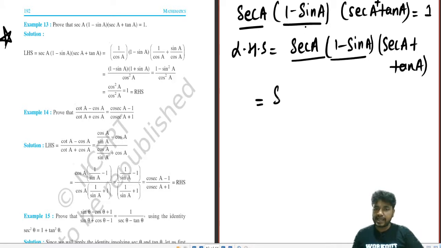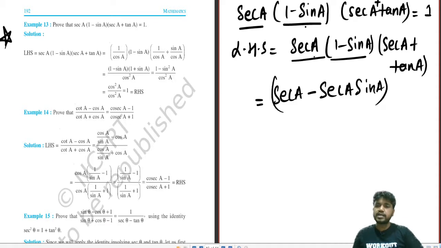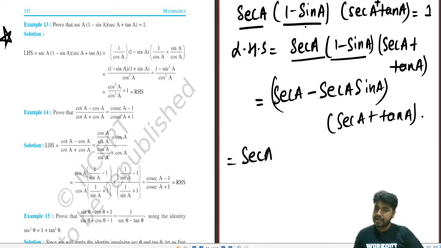So what will be sec A minus sin A? If we multiply it, this will look like this. Sec A into 1 is sec A. Sec A into sin A is sec A sin A. We can't define it now. We'll define it in the next step. Look into it very carefully. This will become sec A as it is.